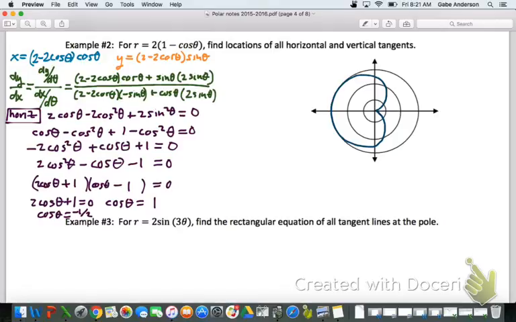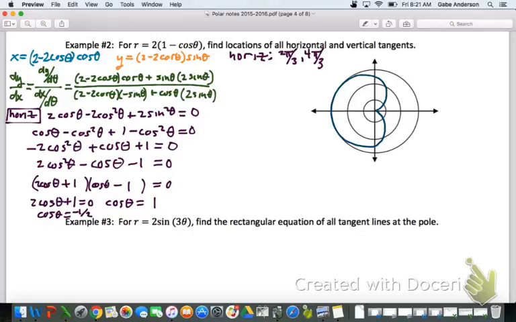I'll just make my list up here. I'm going to say horizontal tangents happen at 2 pi over 3, 4 pi over 3, and where is cosine of theta 1?